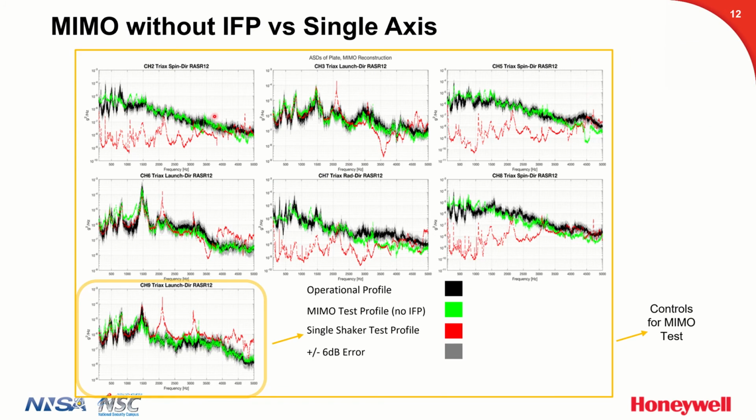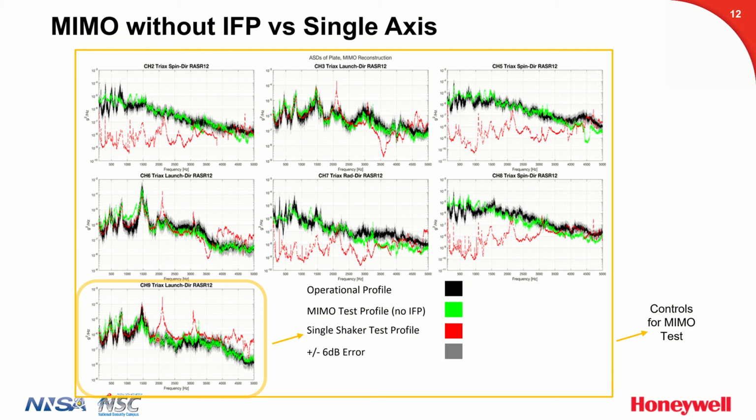To put that in perspective, though, I guess we should also show the green is what we got on the plate in these 7 control channels using the MIMO test. The black is the target environment. And the red is what we would have gotten if we did a single axis control just to this channel in the launch direction.